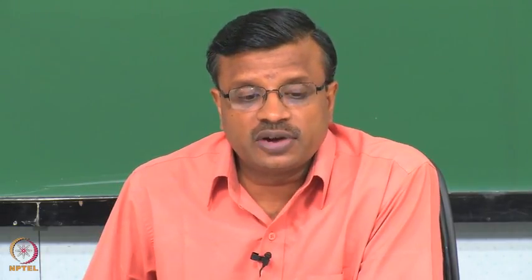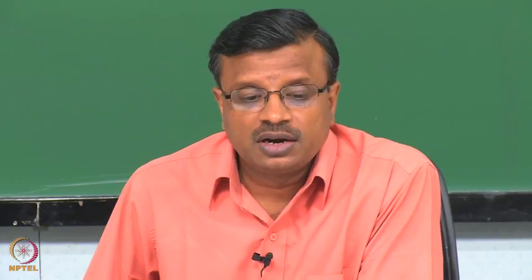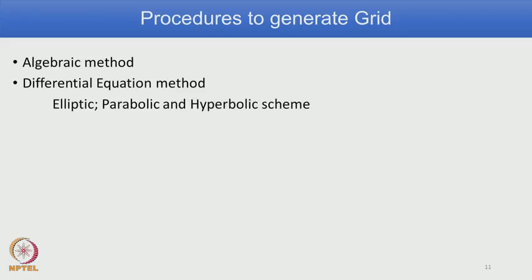Then there is a differential equation procedure, and you can recognize it has either an elliptic type, parabolic type or hyperbolic scheme available. Then there is also a variational method, and there is also a procedure called adaptive grid.